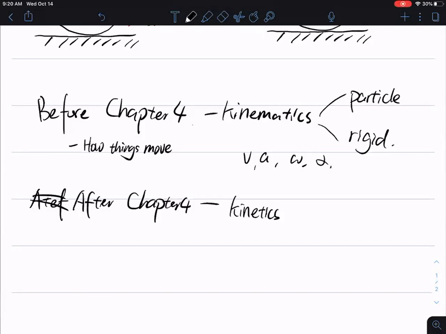Kinetics tells us why things move. So we started by describing how things move. Now we're trying to figure out why things move.